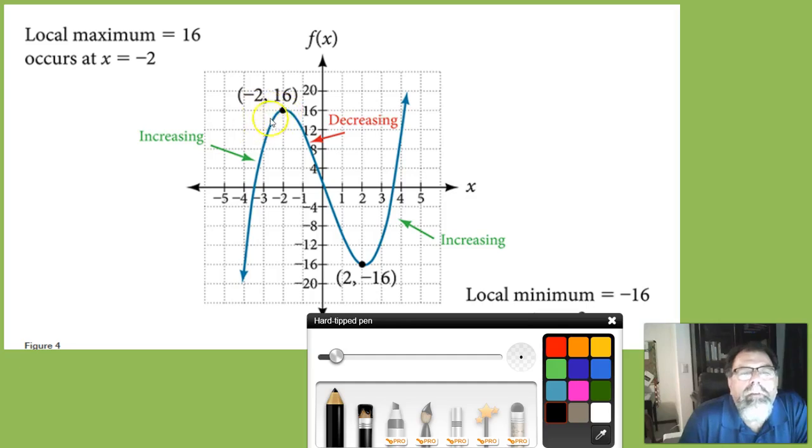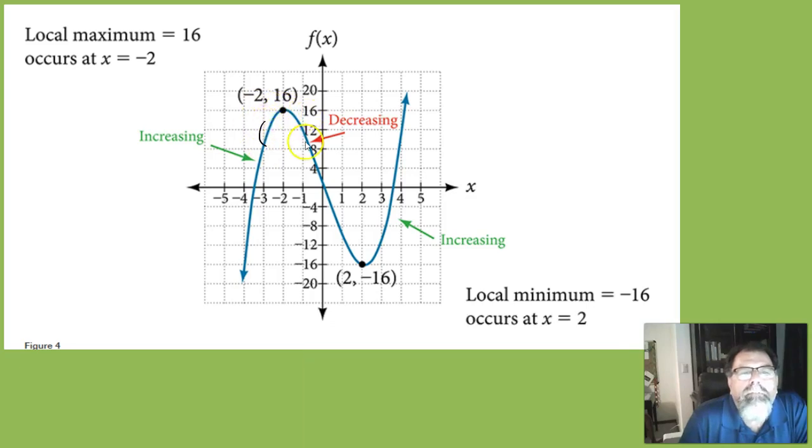So if you look at just a portion of this graph from, say, negative 3 to 1, see how we're going increasing, increasing, increasing, stop, and we turn around, decrease, decrease, decrease. So that point where you change from increasing to decreasing, we call that a local maximum. Okay, and it's the y value that's the local maximum, and it occurs at whatever the x value is at that point.